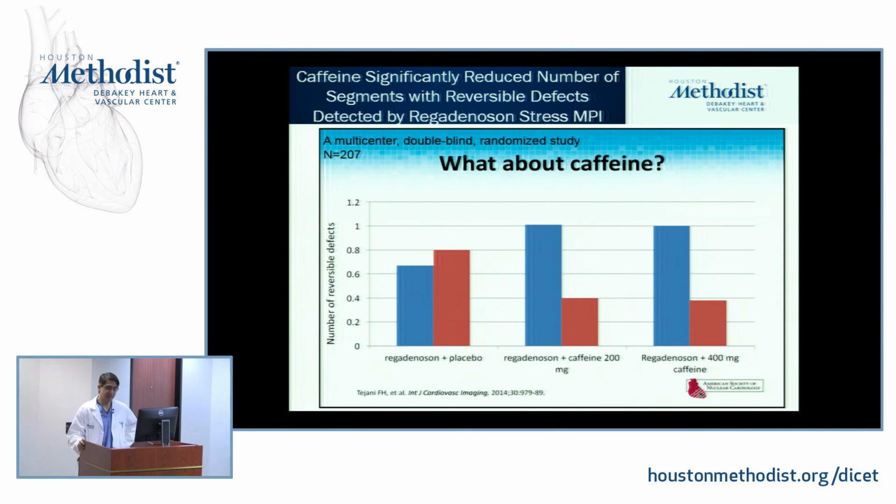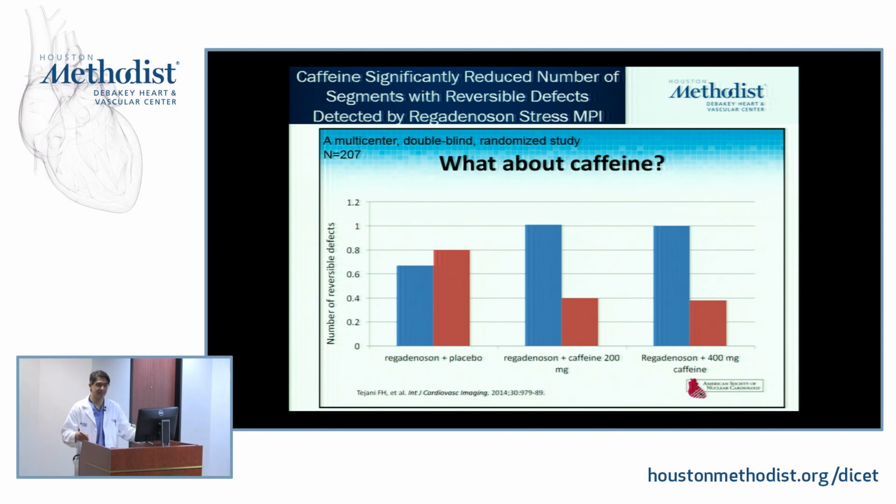What about caffeine? In the lab, it is recommended that caffeine be held for 12 hours. The reason is that studies have clearly shown, and these are double-blinded randomized studies, that if you repeat a study with caffeine on board, there is a significantly reduced number of segments with reversible defects.